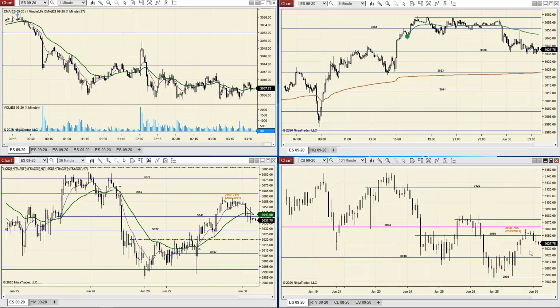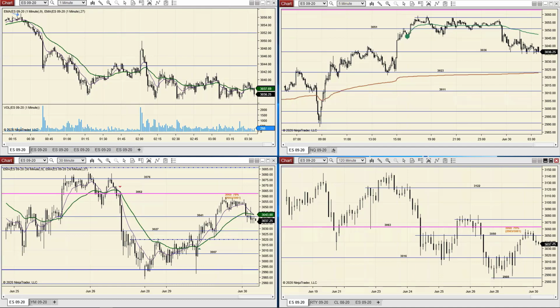And you can see here, just relatively quiet right now. Although you can see here on the 30-minute, we're about ready to generate a sell signal here. And volume isn't anything of any significance. We did see it about an hour and a half ago on this move, but as I mentioned, relatively quiet trading.